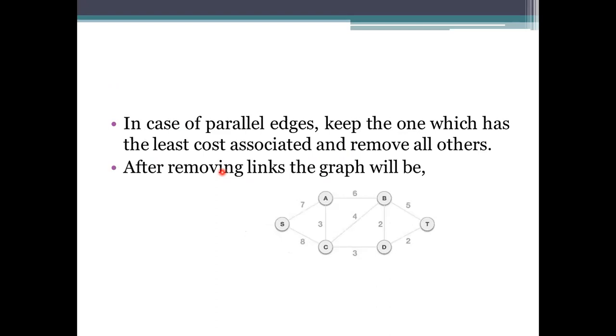So from where do I have to start? In Prim's algorithm, we need to start from a node which we pick. There is no other specification that we should start with A, B or C. We can pick any vertex from the set we are having.